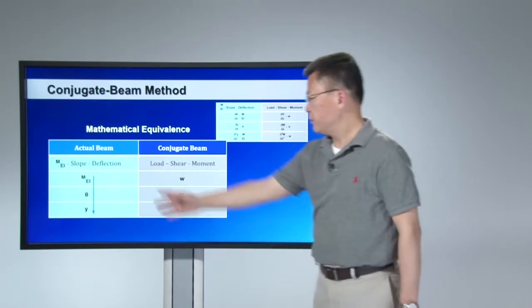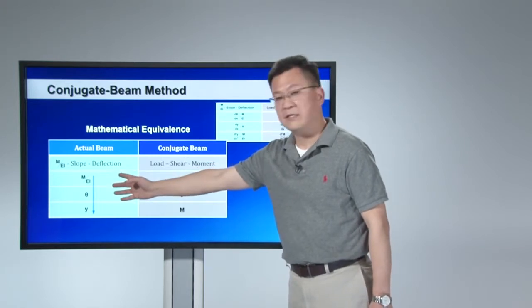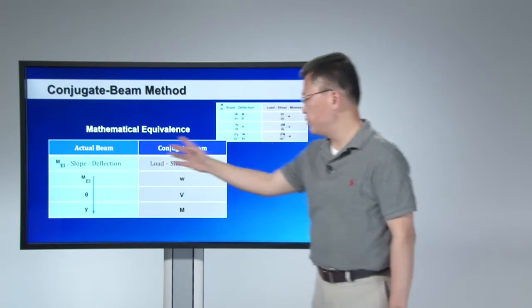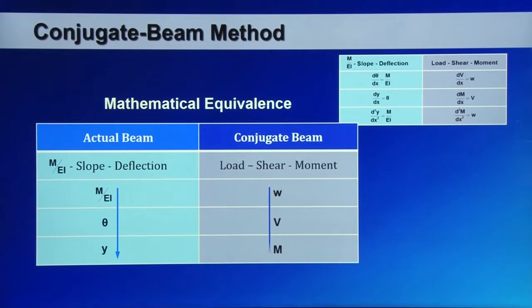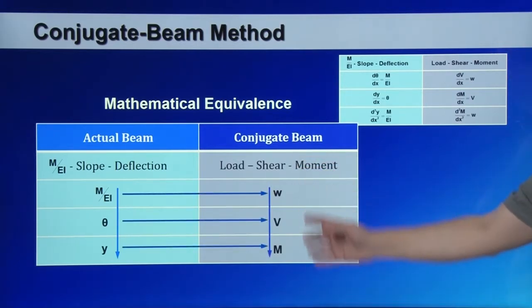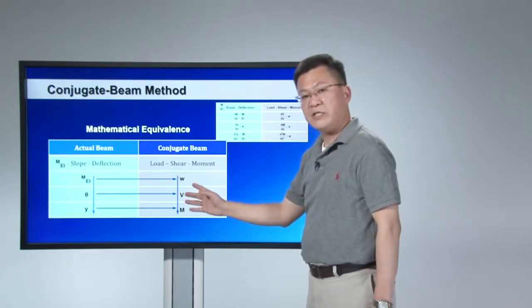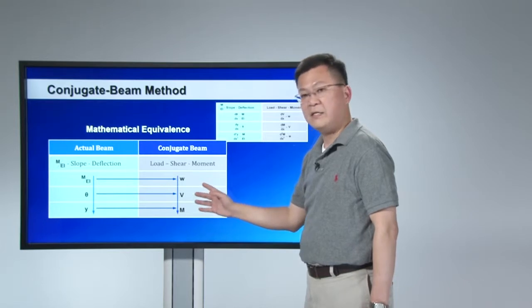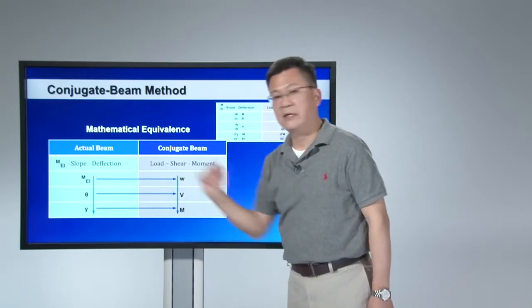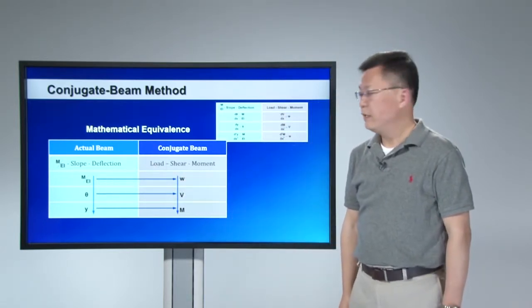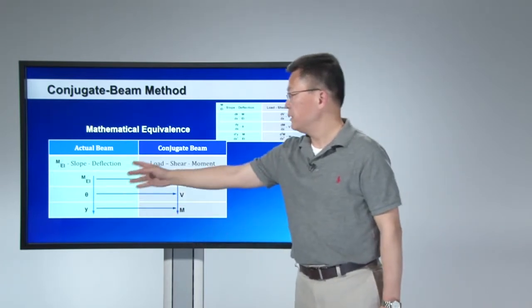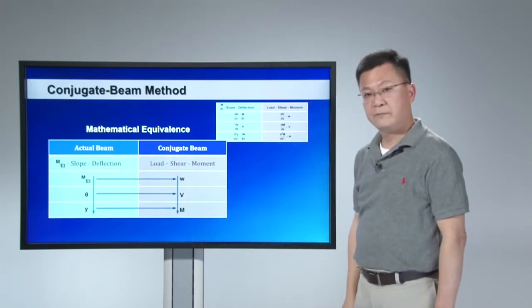If we can convert all the left-hand side parameters to the right-hand side, and then perform the calculations on the right-hand side, then after we obtain the results, we can convert the right-hand side results back into the left-hand side. So that's the idea for the conjugate beam method.